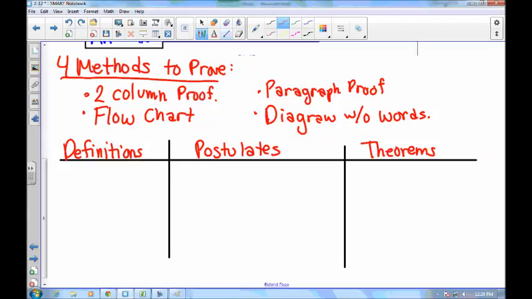Definitions, postulates, and theorems. You've probably at least heard about definitions for years, right, since elementary school. Can someone define what definitions are? Yeah? Meanings of words. You wouldn't really use define to explain what a definition is, right?